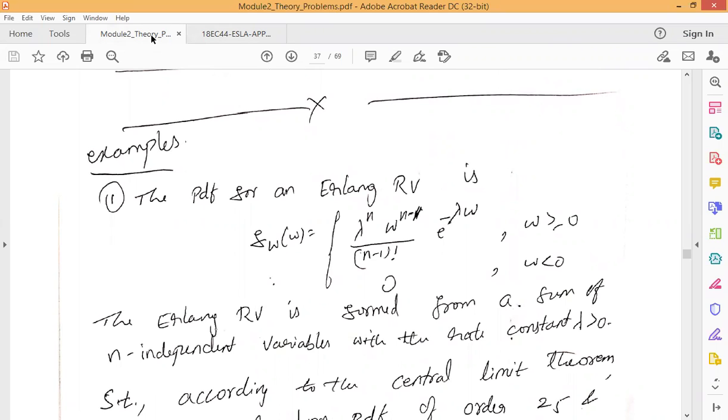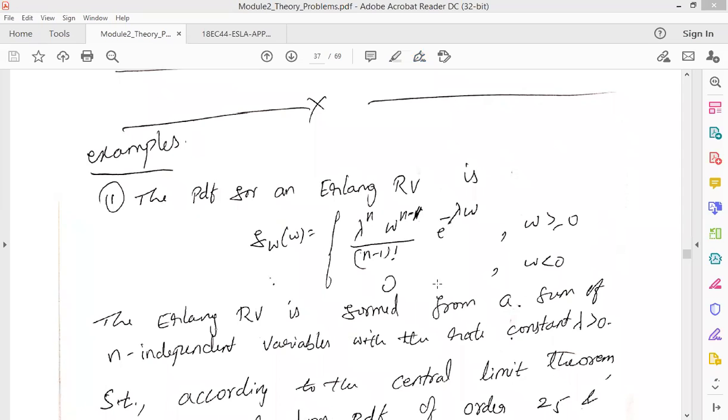Here we can consider the PDF of the Erlang random variable, which is defined by f_W(w) equal to lambda to the power n, w to the power n minus 1, e to the power minus lambda w, divided by (n minus 1) factorial, for w greater than or equal to 0, and for other values of w it takes the value 0.